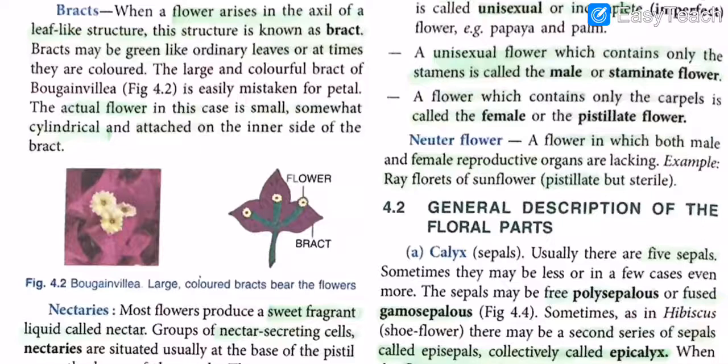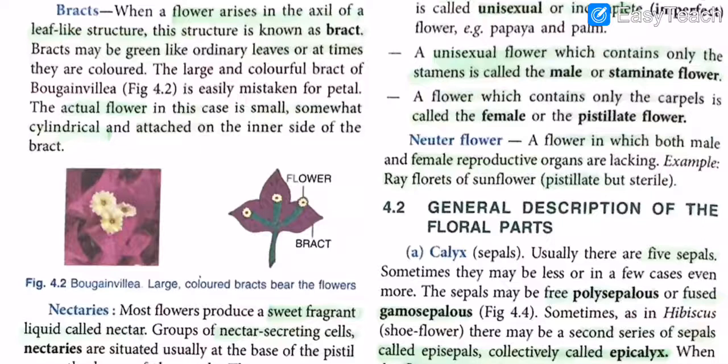So basically, sometimes there'll be a flower, and a bract, a leaf-like or flower-like floral structure, will just grow on the axil of the leaf-like structure. One fine day, it'll just grow, and it almost looks like part of the flower because it's normally very close.